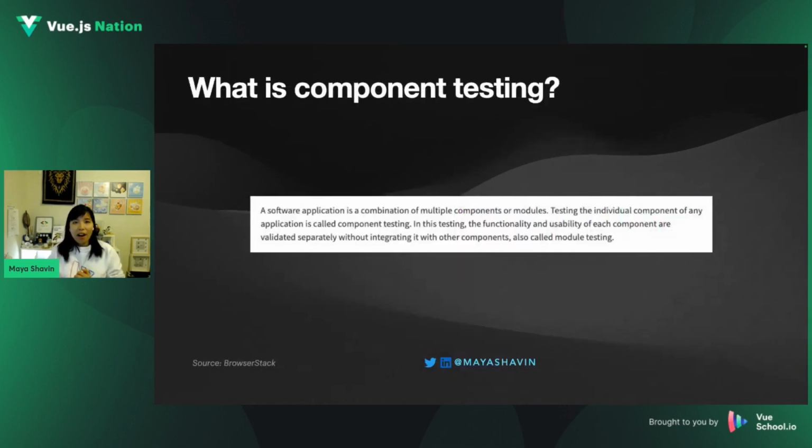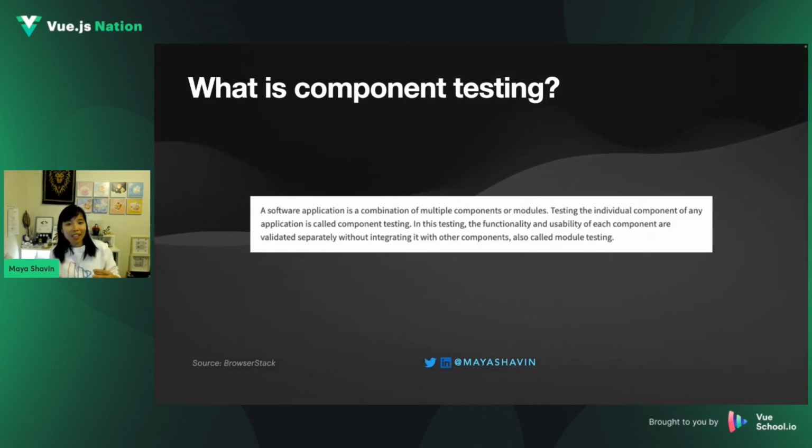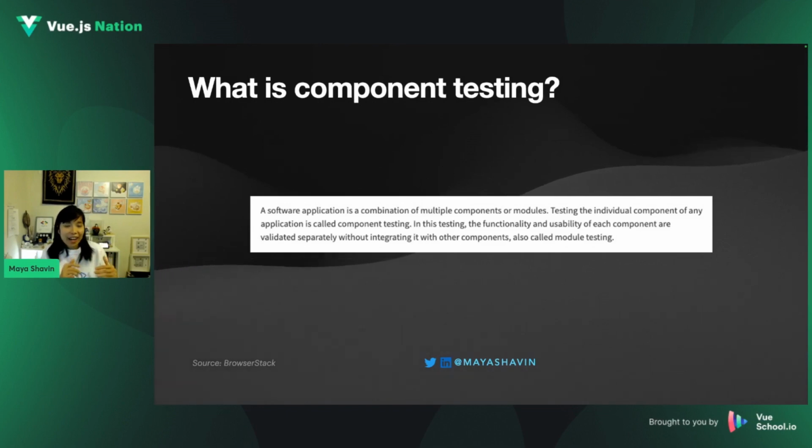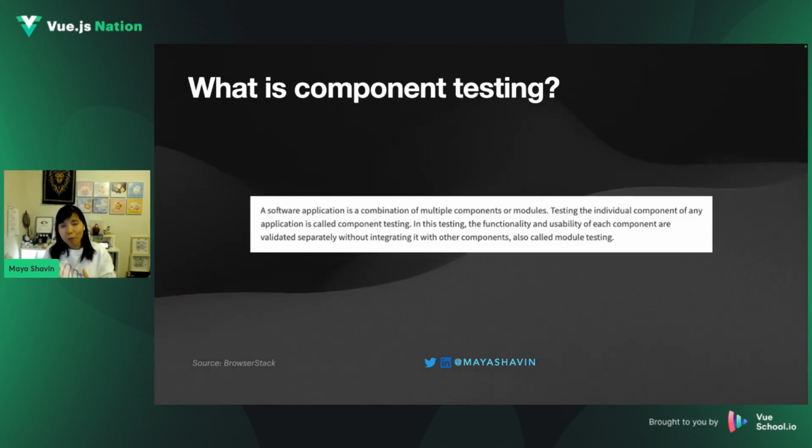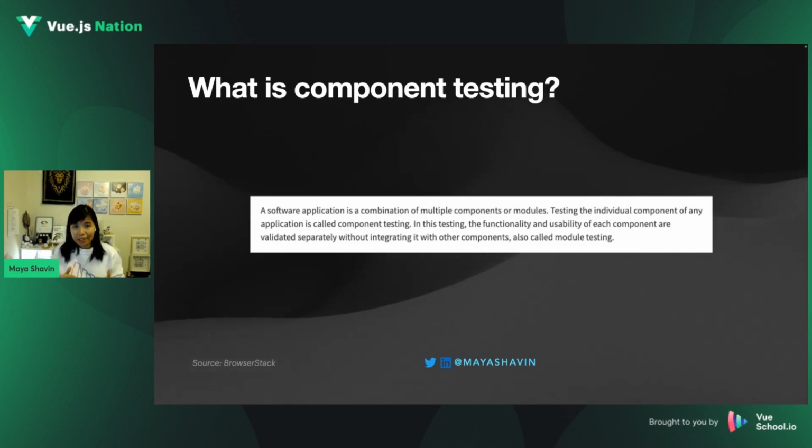Well, according to Process Stack and according to Copilot, component testing is a concept of testing individual components of any application. The functionality and usability of each component are validated separately, without integration with other components and without dependency on other components. It's very isolated, right? You can call it unit testing or module testing.